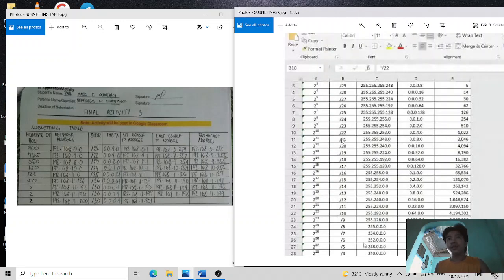The CIDR is 22. The theta is 0.0.4. So that's how I get my CIDR and theta. The formula is the 1022, then the theta, and the CIDR.